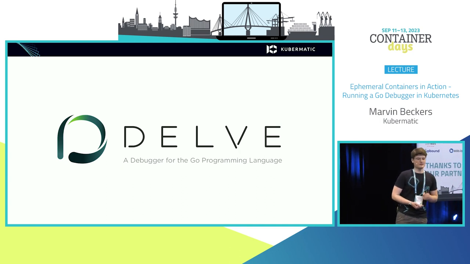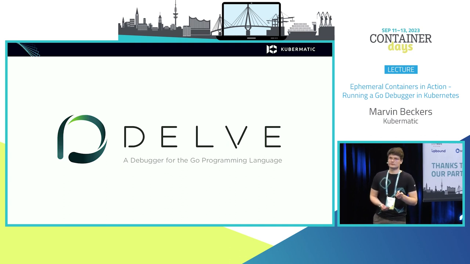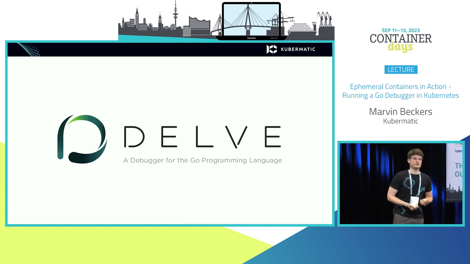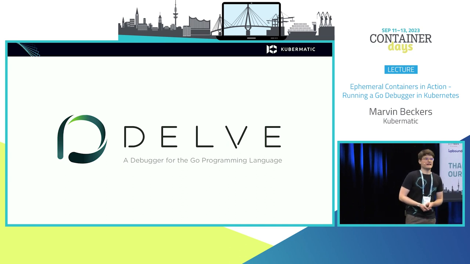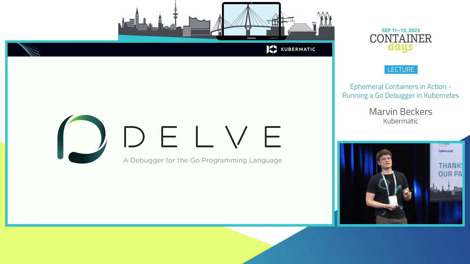So yeah, Delve, as said, is a debugger. It kind of does what you expect a debugger to do. And I think we have Go experts in the audience who know more about using Delve than I do. Let's be honest about that. But kind of one of the features that you would expect in debugging to work is setting breakpoints. You set a breakpoint, your application halts, and it waits for you to do something.